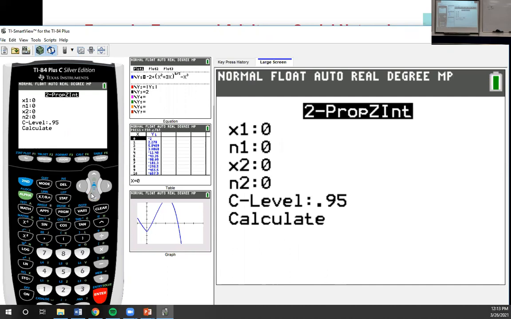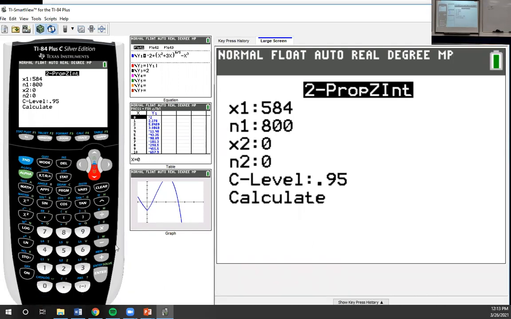Here's our X and N. So our X1 was 584, and that was out of 800. Our X2 was 1,059. And that was out of how many? 2,000 something? Thank you.